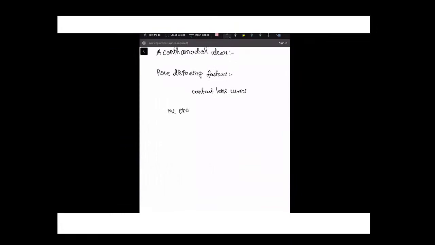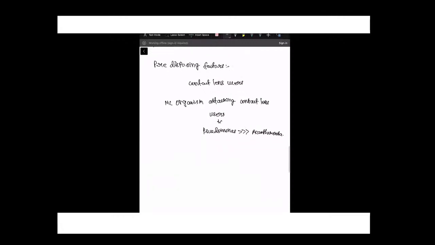The important point here is the most common organism attacking contact lens users is going to be Pseudomonas, more common than acanthamoeba. So the most common cause of corneal ulcer in a contact lens user is going to be Pseudomonas, not acanthamoeba.